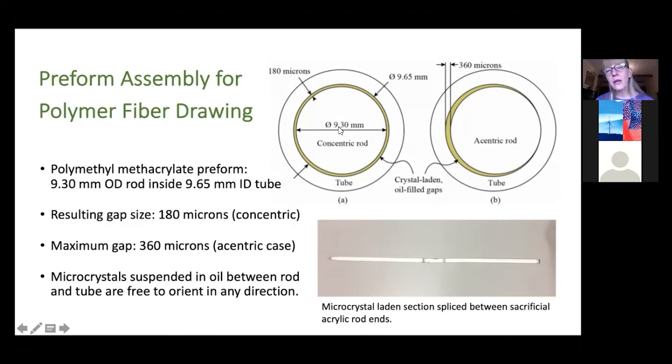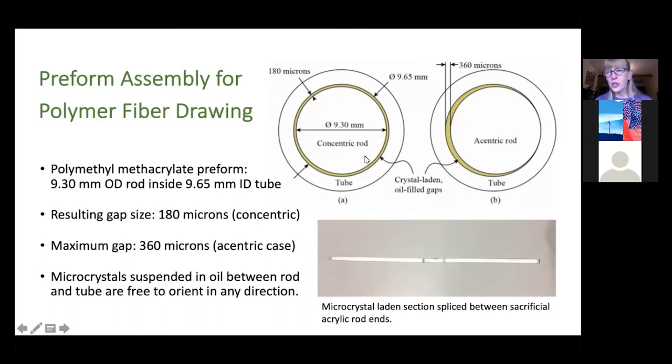Its outer diameter is 9.3 millimeters, and a surrounding acrylic tube. And the key dimension is its inside diameter of 9.65 millimeters. So there's an interstitial gap, and that gap, if the rod and the tube are concentric, is 180 microns.